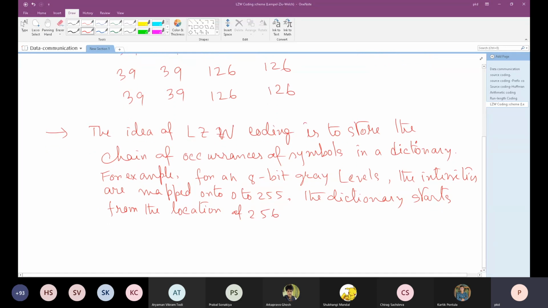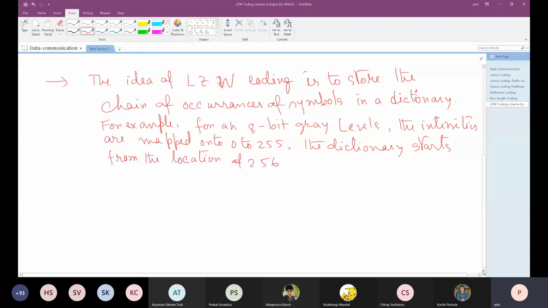That means in that code book, there would be gray level entries 0 to 255, and then from 256 the dictionary of chains will be started. So 0 to 255 for gray levels, or location 1 to 256, whichever way we say it, the 0th location to the 255th location.